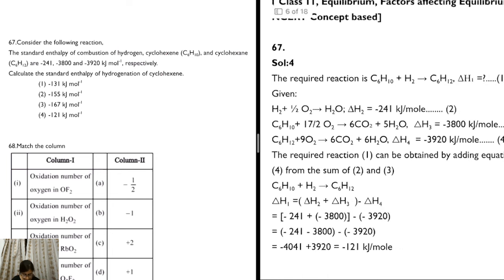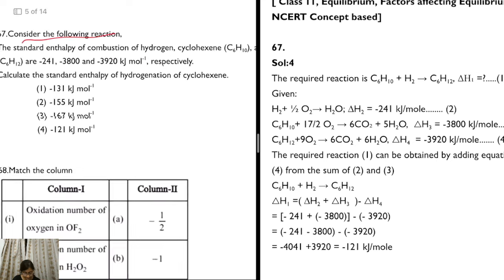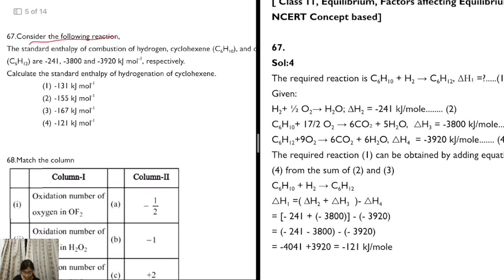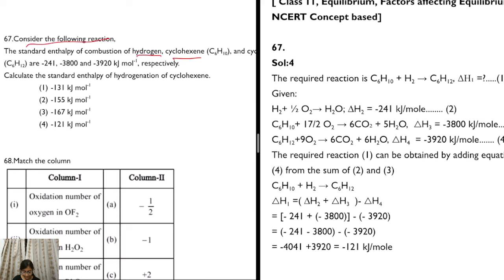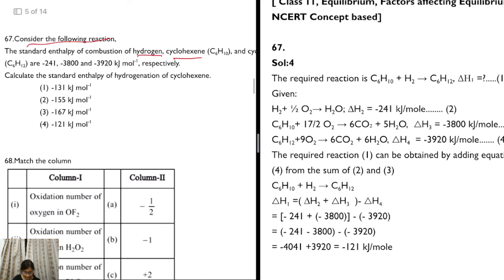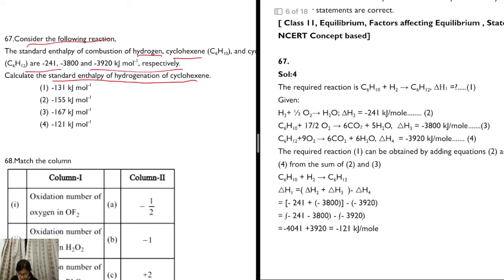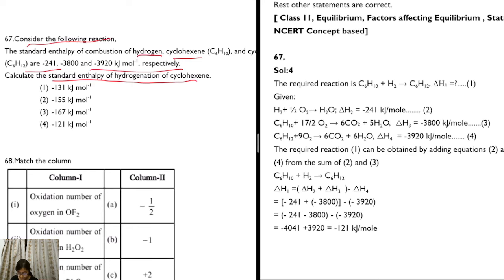Now in the next question, consider the following reaction. The standard enthalpies of combustion of hydrogen, cyclohexene, and cyclohexane are given to be these. And what is asked? The standard enthalpy of hydrogenation of cyclohexene. So see what is the required reaction. This is the required reaction. And what is given to us? Combustion of these species.